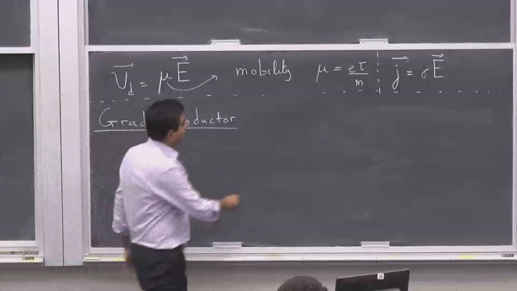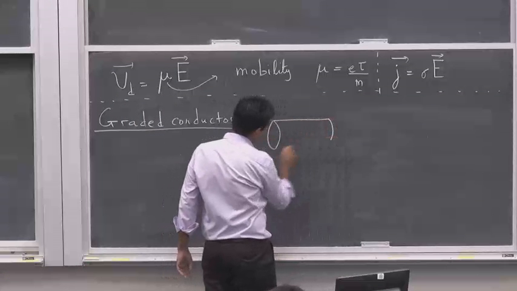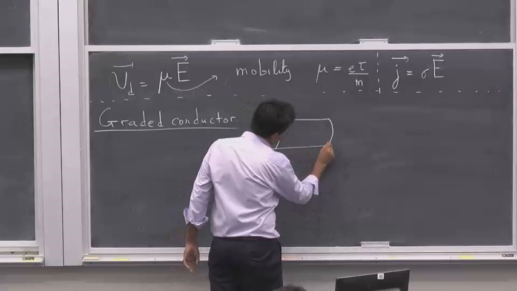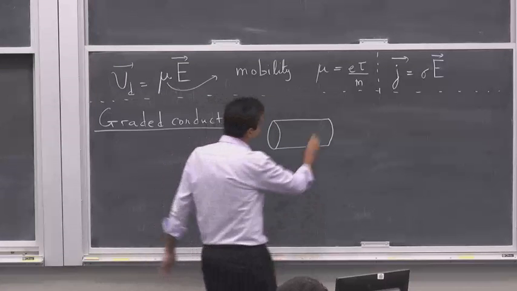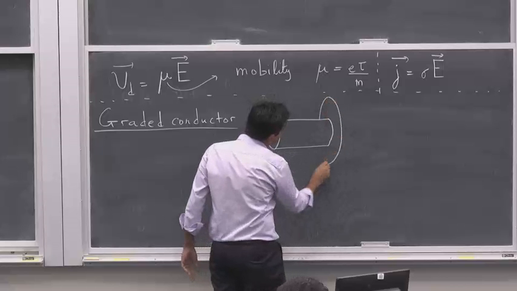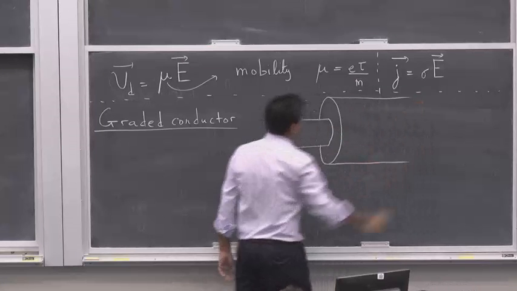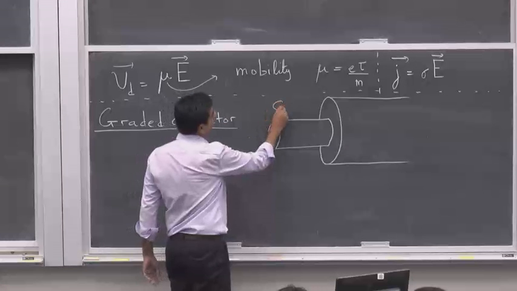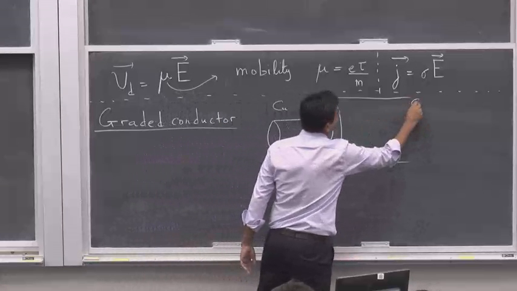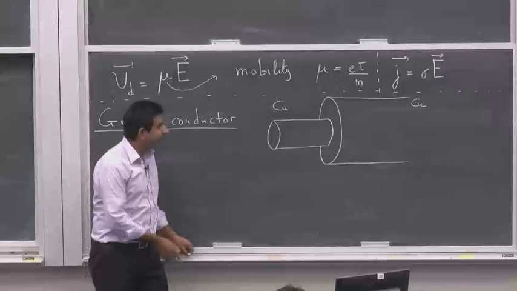A graded conductor means that I have a wire that is conducting electricity. There's a charge, a current flowing through this wire, and suddenly there's a change in the cross-sectional area of the wire. And both of these wires are made of the same material. This is copper, this is copper. Alright, it's a graded conductor.